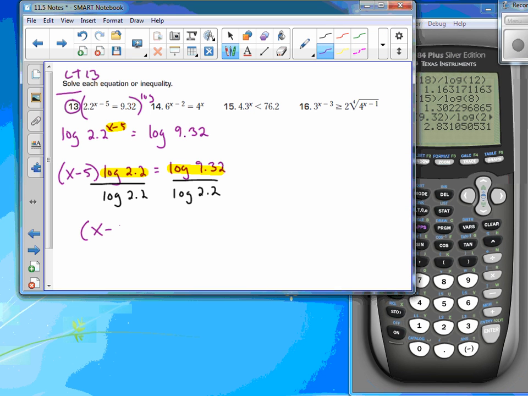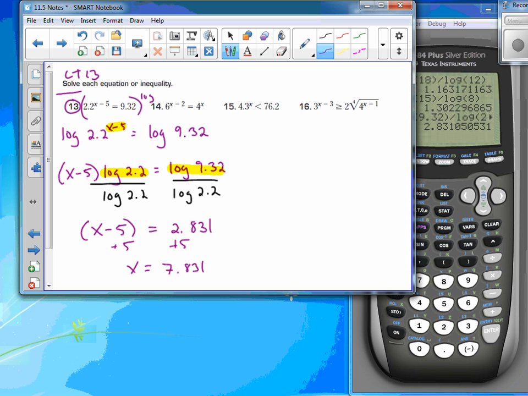So x minus 5 equals 2.831. And then you're just solving an equation like middle school. So you add 5 to each side, and x equals 7.831. So by using the log properties, we're getting an opportunity to take the variables out of the exponents. Okay? That's going to happen.